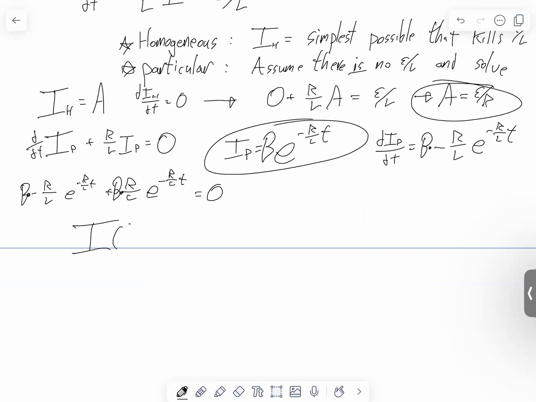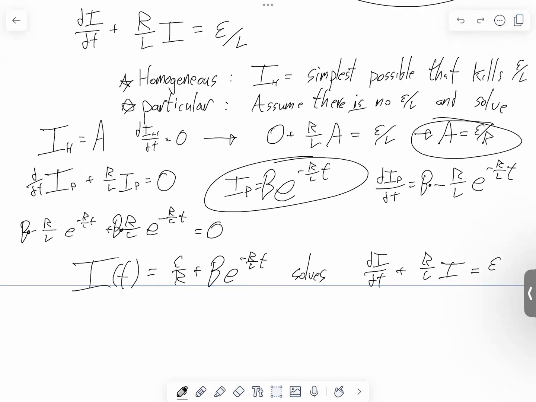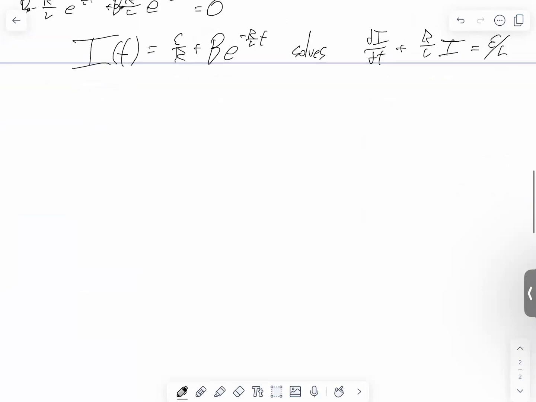I claim the general I as a function of T is E over R plus a constant times E to the negative R over L T. I say that this satisfies dI/dt plus R over L I equals E over L. Plug this in, take a derivative, plug in, and convince yourselves that this works.